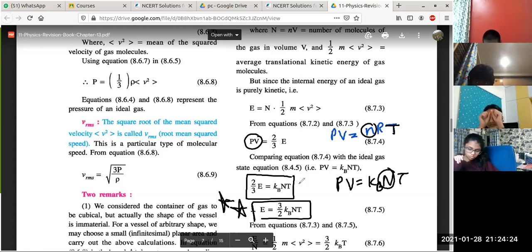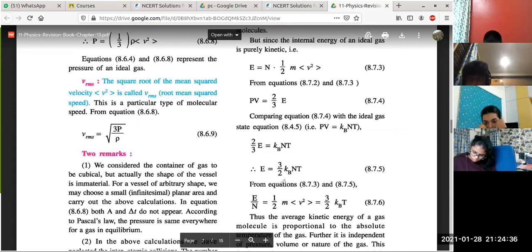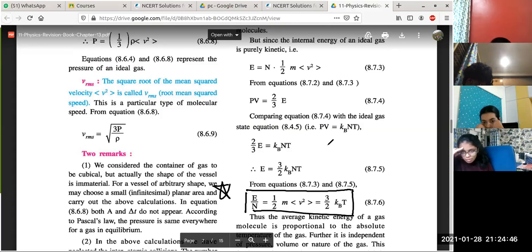And therefore, what is capital N? The total number of molecules. So what is the energy per molecule? Just divide by N, and you get three by two kBT. This is really important.